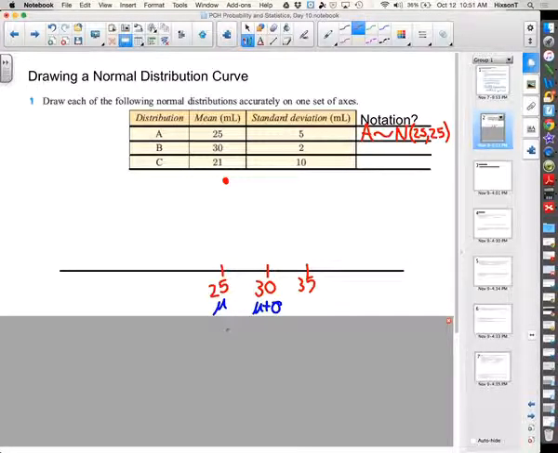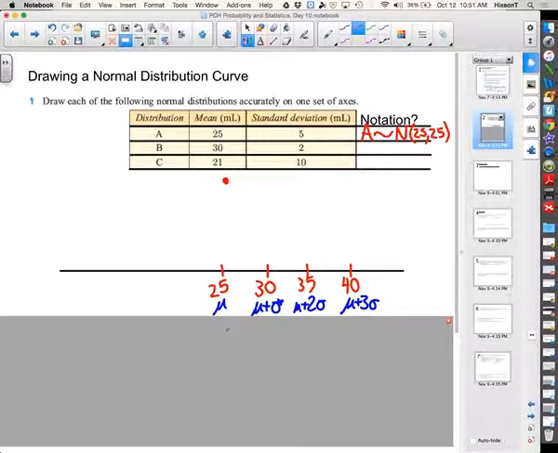Okay? That would be my mean plus 2 standard deviations. And then I would go another standard deviation, the mean plus 3 standard deviations, and I would end up at 40. Okay?